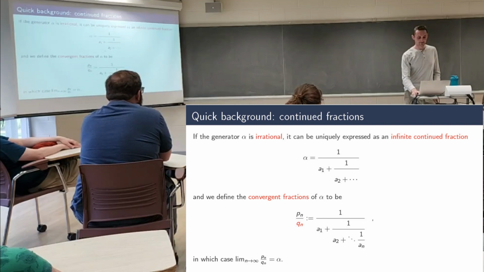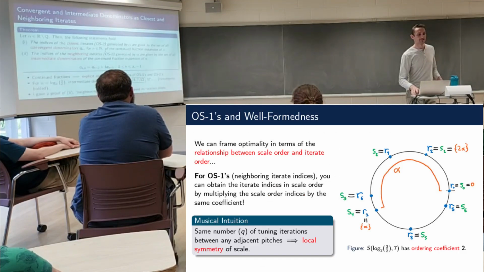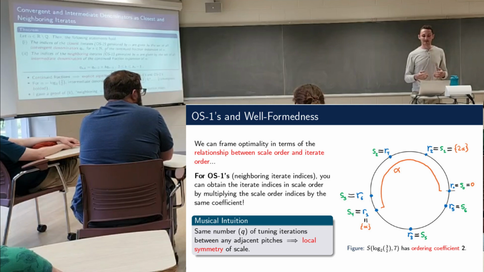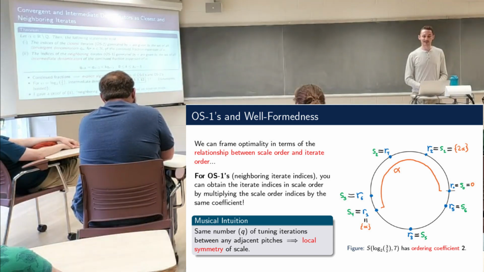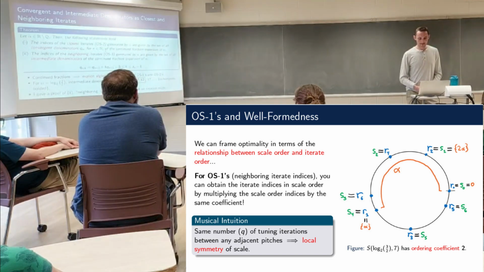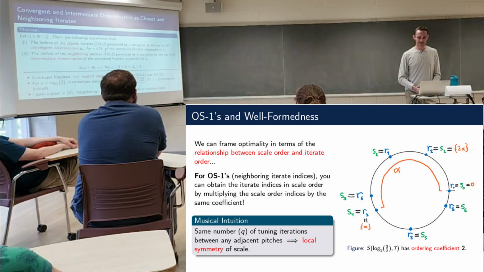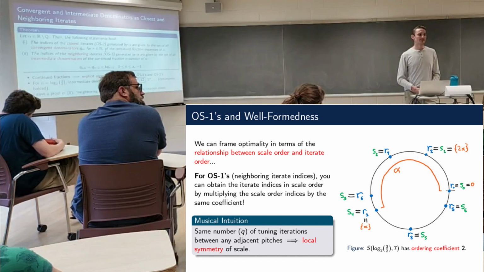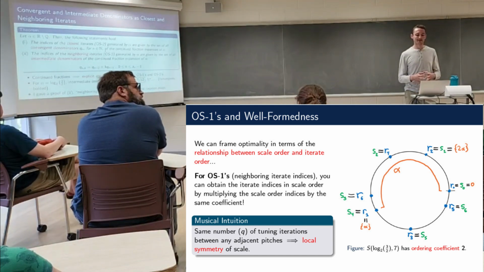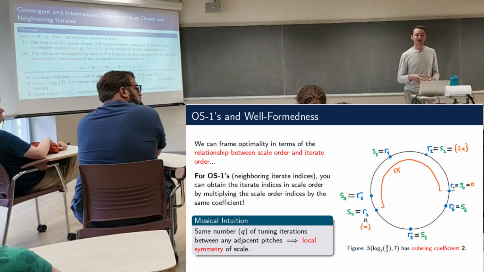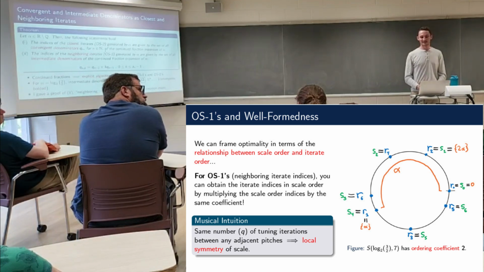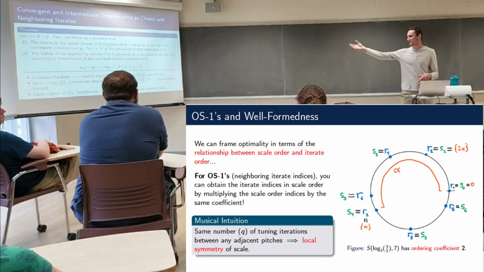And it turns out that the indices of the closest iterates, which are the optimal scales of the second kind, are just the convergent denominators, q sub n, of the continued fraction expansion of alpha, which is cool. And then the indices of the neighboring iterates, which are the sizes of optimal scales of the first kind, are given by the set of intermediate denominators, which are calculated from the convergent denominators according to this expression here.